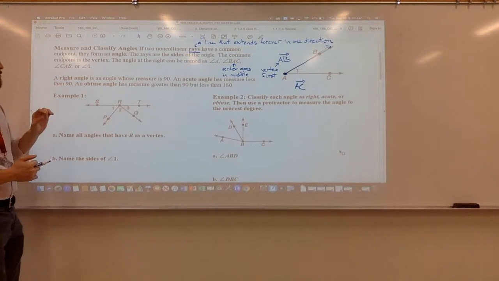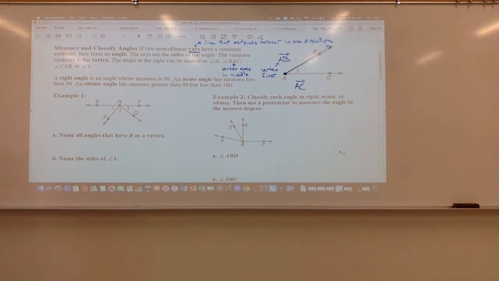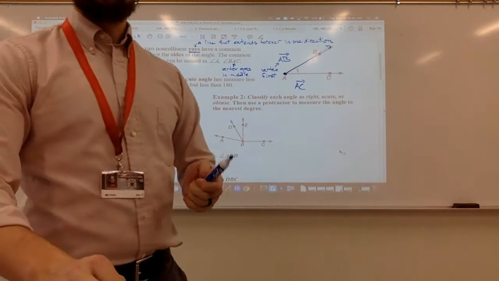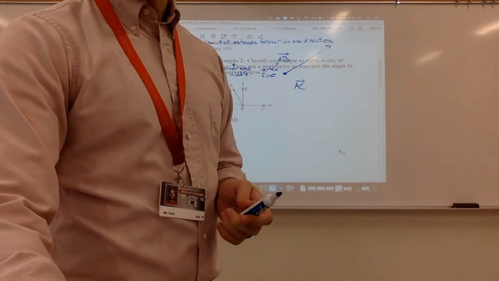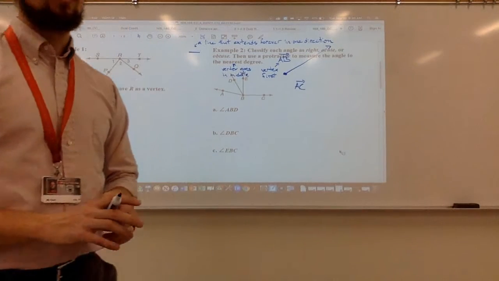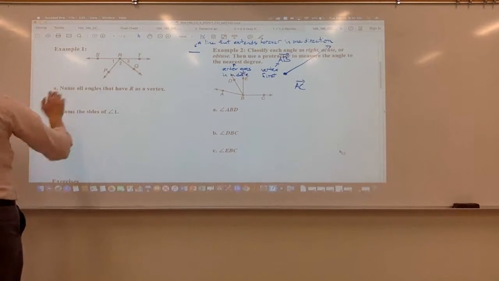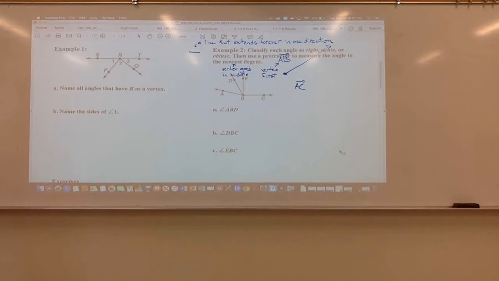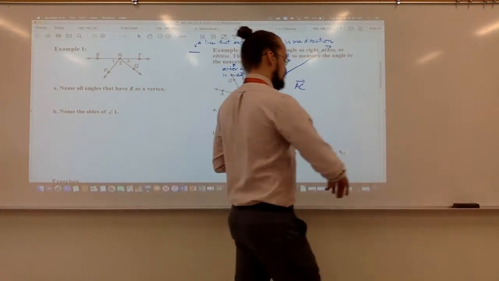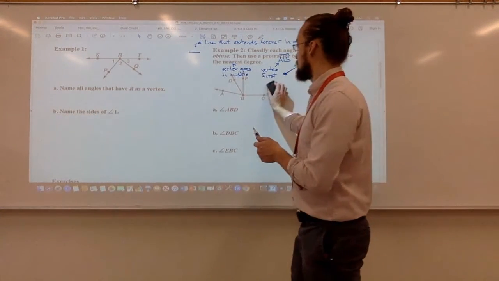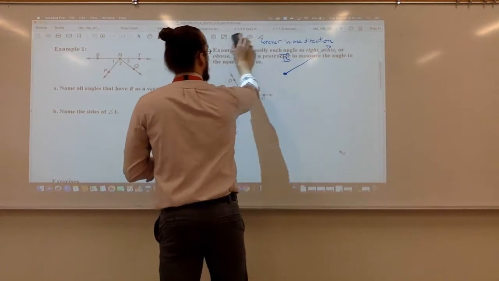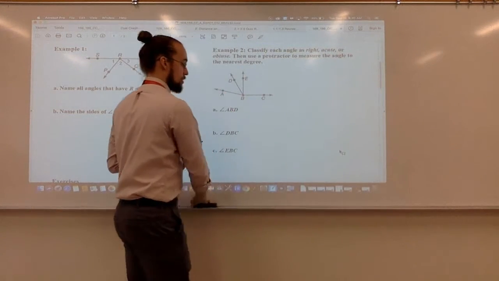Actually, let's go to example 1 before we write acute and obtuse. In example 1 down here, we've got this diagram where there's a bunch of different angles pictured. Part A says name every angle that has R as a vertex.